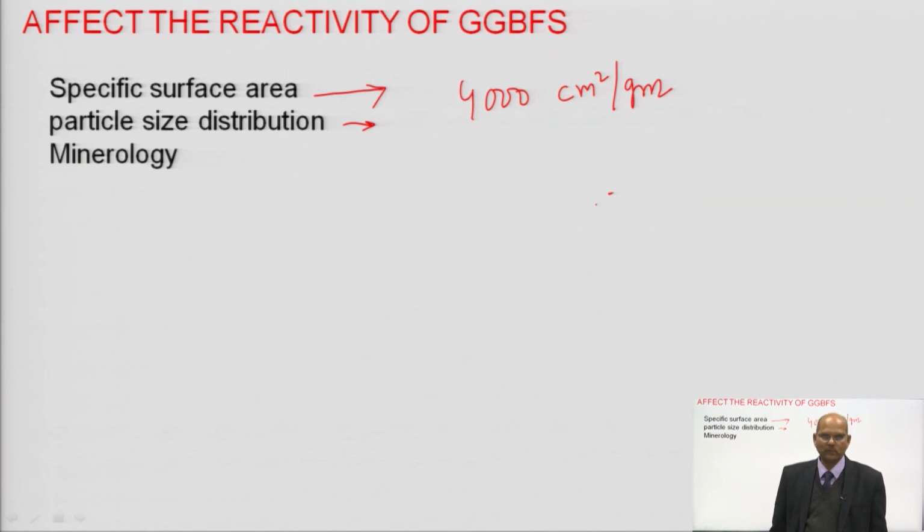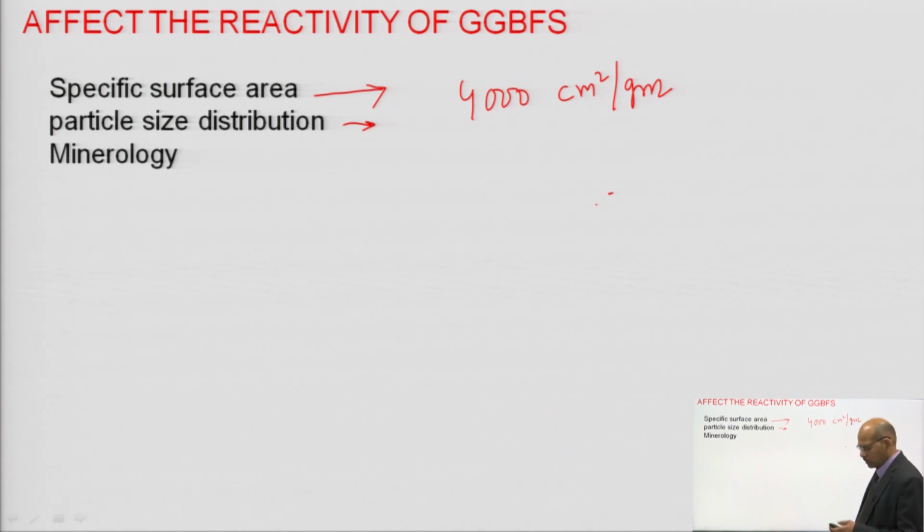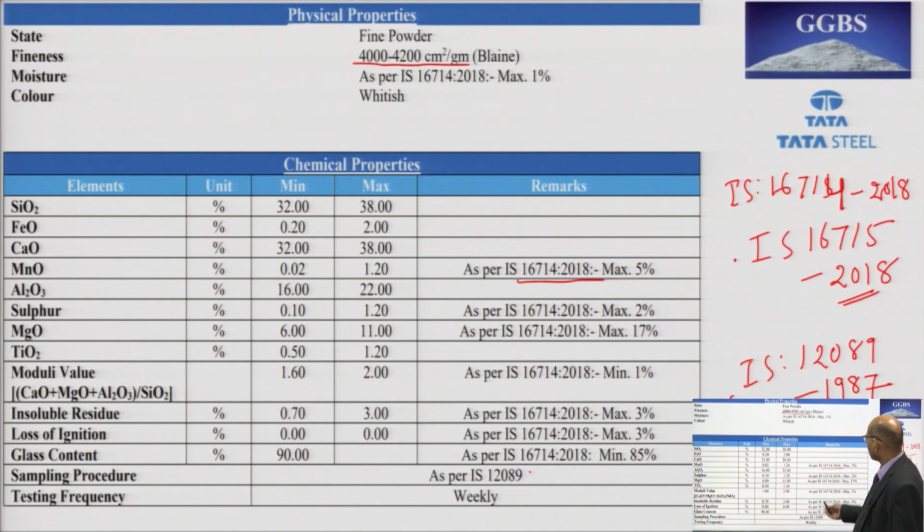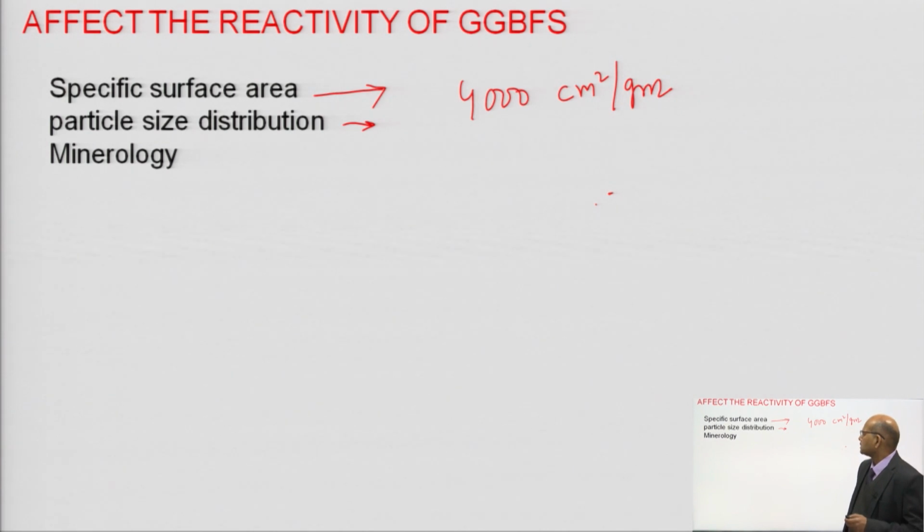Here more compounds are there, and the characteristics of all the minerals are not very clearly known. So, more research is required, but still mineralogy is important, and more or less we have to follow the code IS 16714. So, the component elements should be within that limit. Okay. So, this is important.